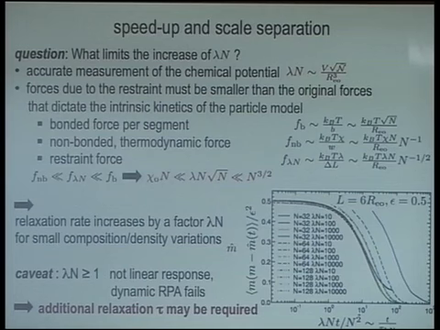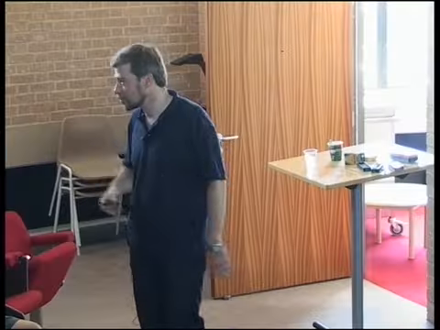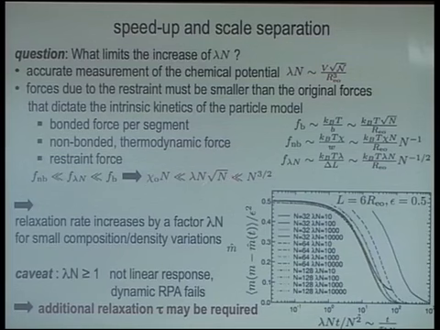That's one thing. But this still gives you a whole range, because the ratio between the non-bonded and the bonded forces was this factor n to the power of 3/2, n being the degree of polymerization. And you can choose the restrained forces to be comparable to but slightly smaller than the bonded forces.